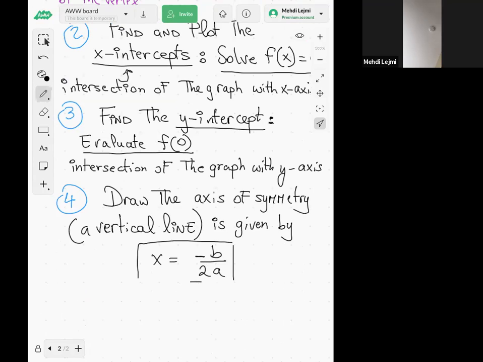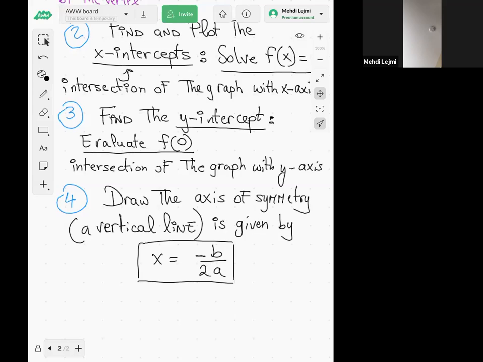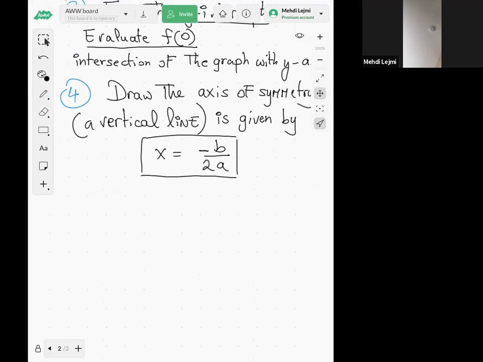Anyway, those are the general steps for how to graph quadratic functions. So let's have an example, and I will show you how to follow the steps and graph your f of x.